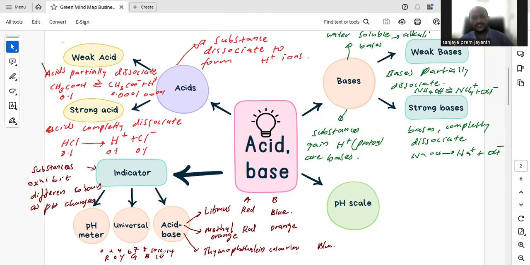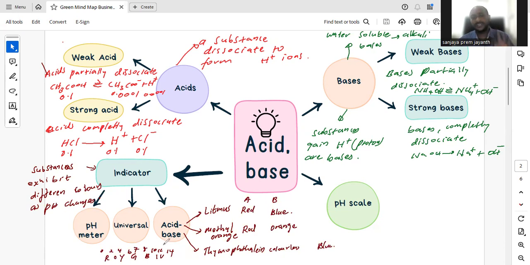Actually, how do you use the universal indicator? The color might be a bit different depending on the type of universal indicator, but commonly we use this one. The color chart is printed on the universal indicator bottle. What do you have to do? Add a few drops of indicator to the sample and check the color with the color chart to identify the pH value.